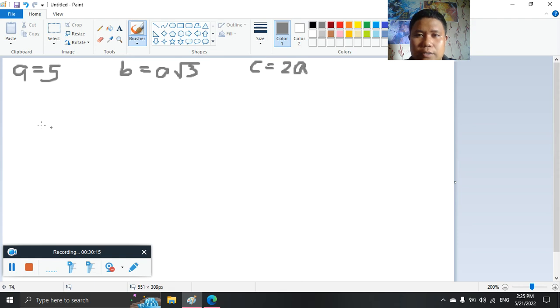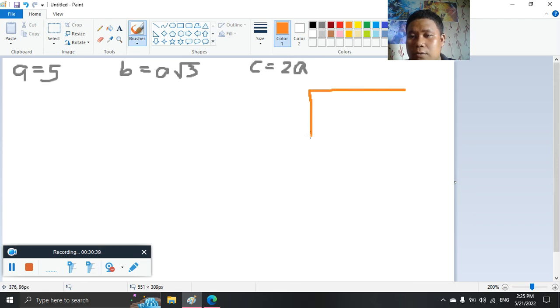Okay, so we're going to find the exact value of B and the exact value of C, or the exact measurements of B and C. So remember, these given facts are related to a 30, 60, 90 triangle. So we're going to draw a 30, 60, 90 triangle.